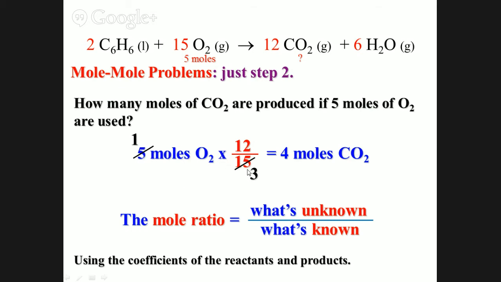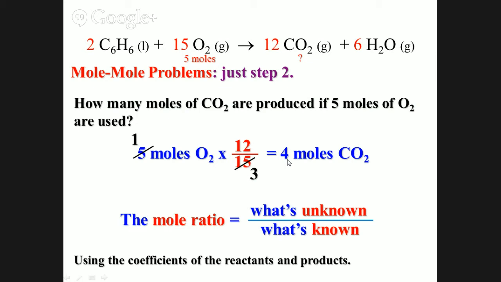The 5 can cancel with the 15. Basically, I end up having 12 over 3. The answer is I'm going to produce 4 moles of CO2. Note that if I looked at 15 over 12 as a fraction and reduced, it would be 5 to 4.